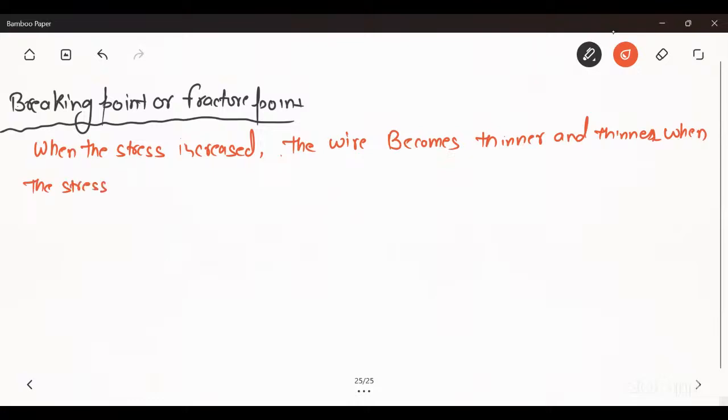When the stress increases to a certain limit, the wire breaks.